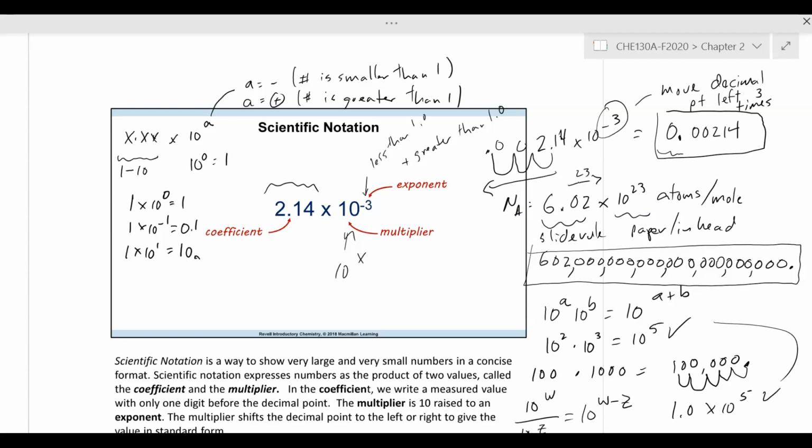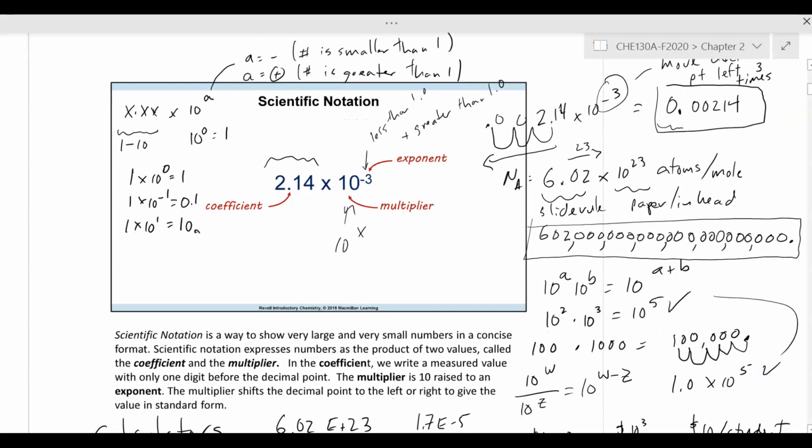In the old days, when scientists used slide rules, you could only do the 1 to 10 part on the slide rule, and the part that was on a power of 10 was carried along either on paper or in your head. The power of 10 thing is kind of useful because there are some simple rules. If you're multiplying two things that are expressed as powers of 10, you just add those exponents together.